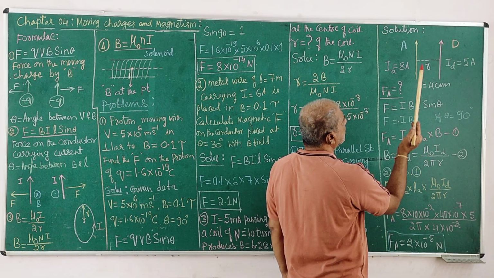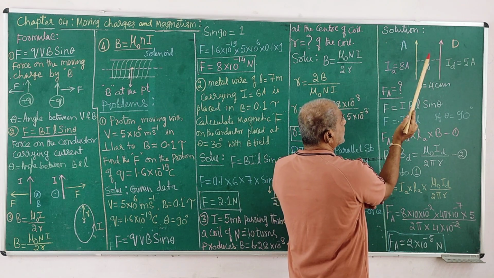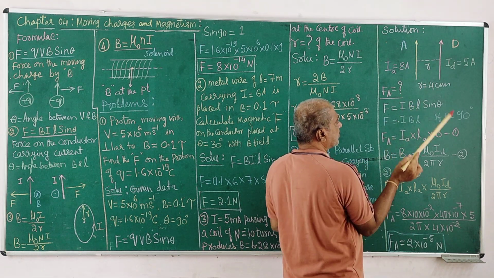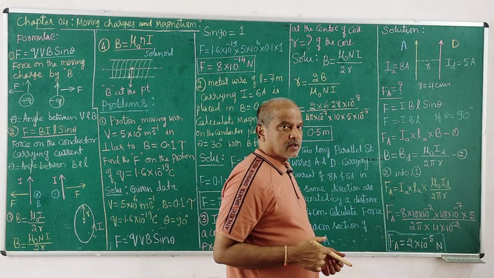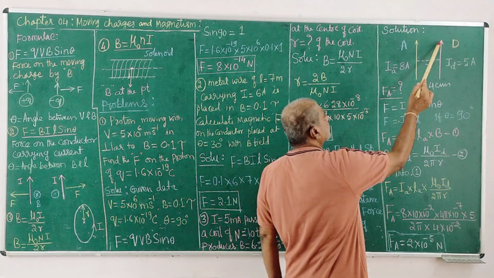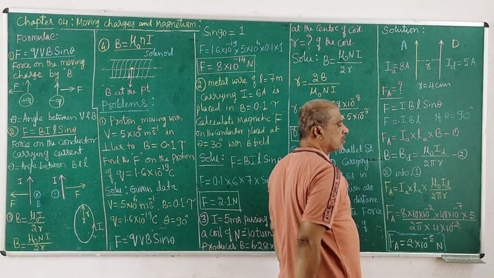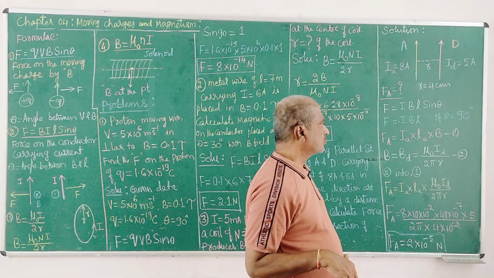What is the B? Here a magnetic field is not applied externally, but a magnetic field is there. B is a magnetic field around this. What magnetic field? It is a magnetic field induced by this conductor. As you know, any current-carrying conductor induces a magnetic field.